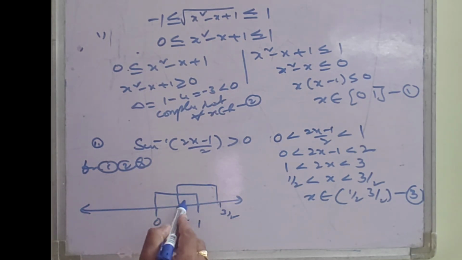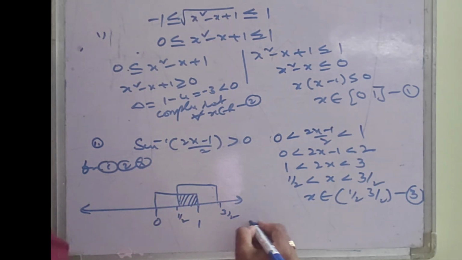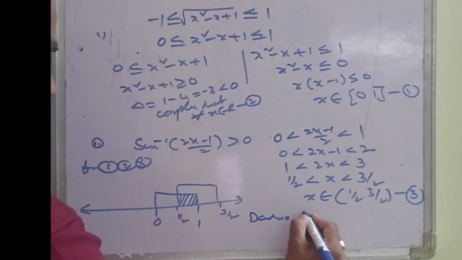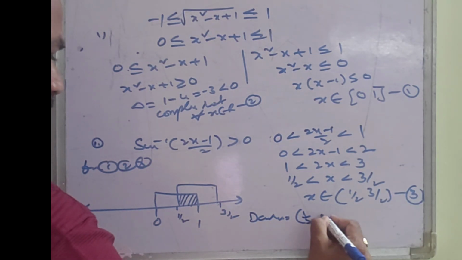Intersecting these areas, in this part, finally the domain is (1/2, 1).